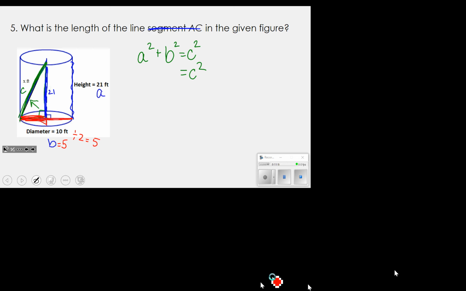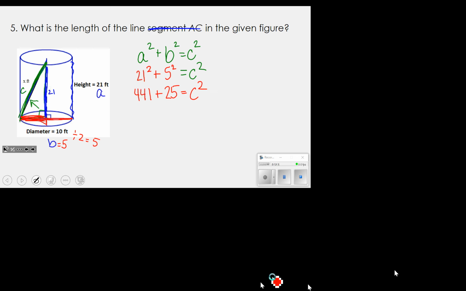So now we can substitute in. We have A squared, which is 21 squared, plus B squared, we're using our 5 squared, equals C squared, we don't know. Now we have to square our numbers, so 21 squared is going to be 441, plus 5 squared is 25, equals C squared.